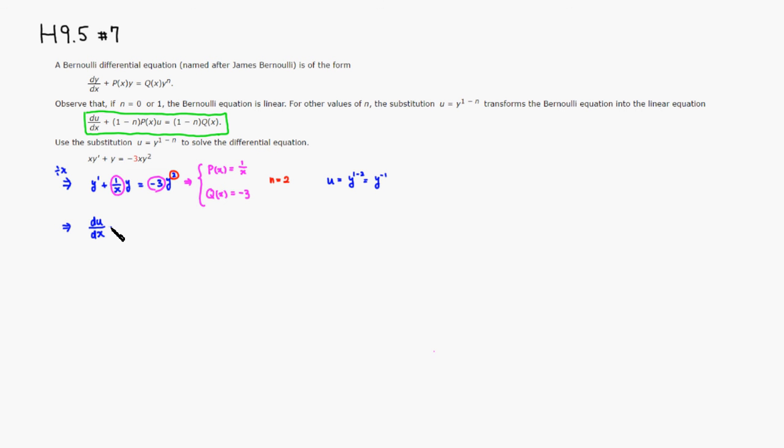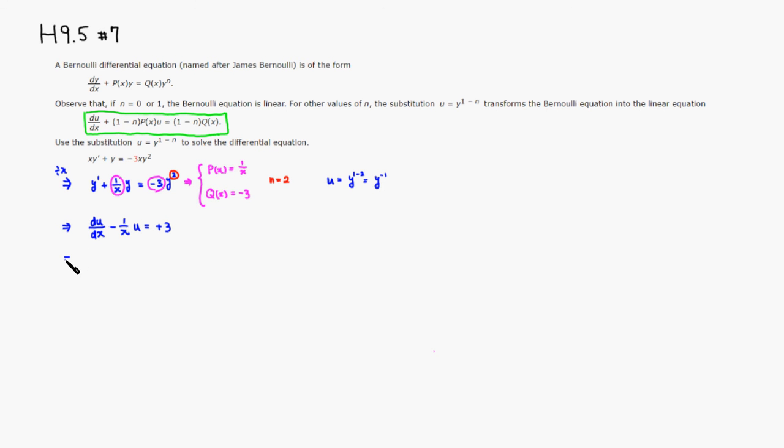Minus, and p of x is 1 over x, so put 1 over x there, and the u is equal to, and 1 minus n is just a negative, q of x is negative 3, so it's going to be plus 3. So this is the new differential equation. Then we can solve it using the integrating factor.